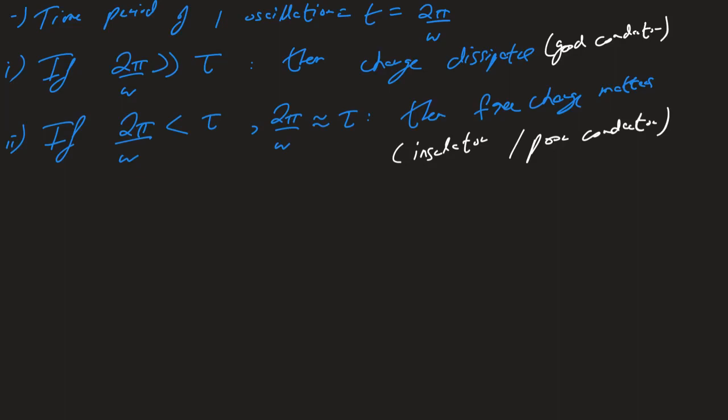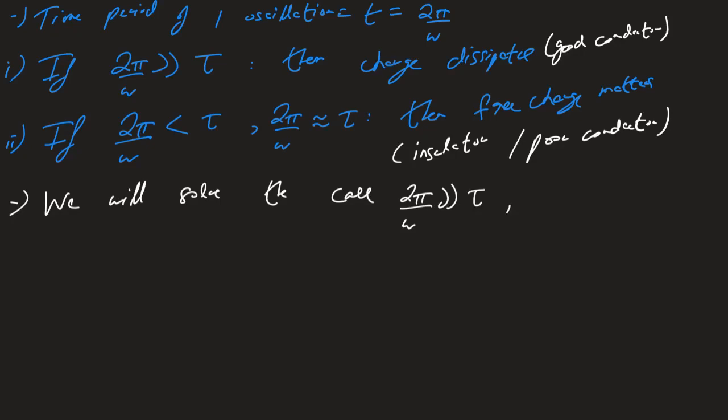Right? So we will solve the case which is the ideal case. We will solve the case where 2 pi by omega is much greater than tau. Okay?